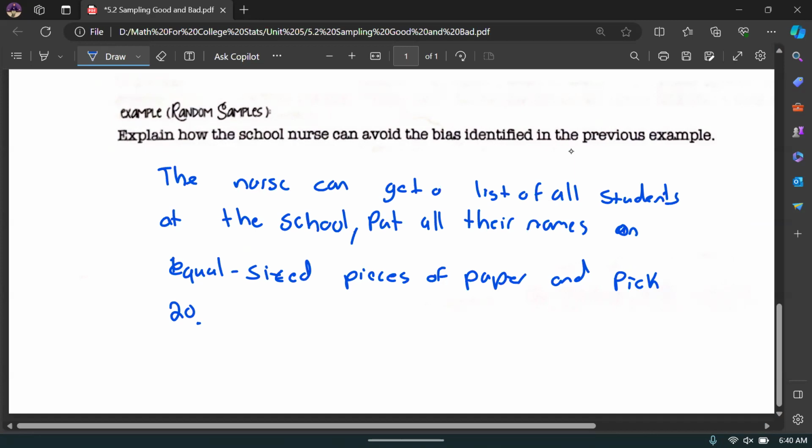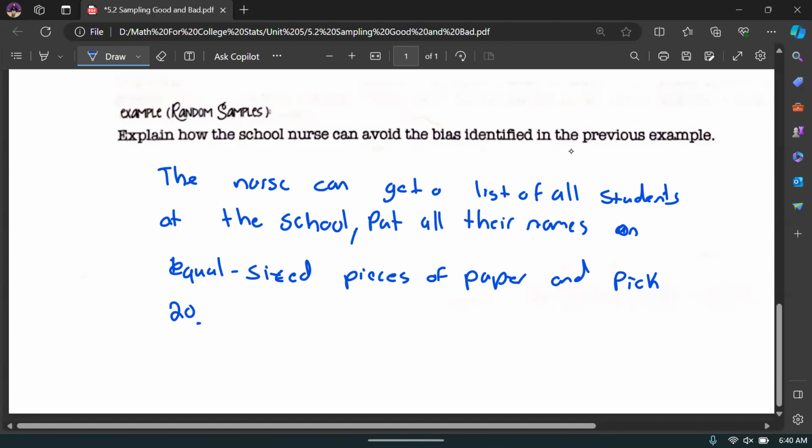So if the random number generator says 309, then see whose name is 309 on the list. That's one of your people for your sample, and do that 19 more times to get all 20 people. So something random, where everybody has an equal opportunity of being selected, and you choose the 20 that you want for your sample.